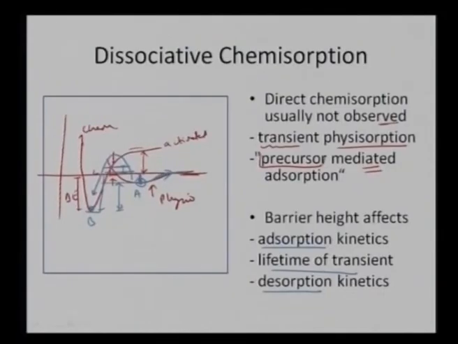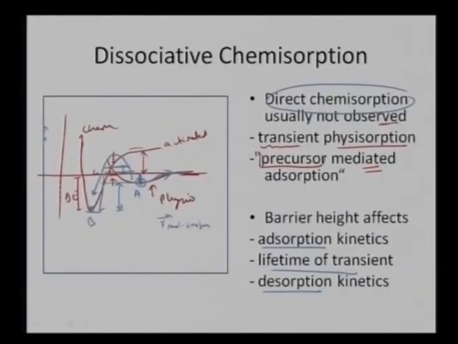So the overall transient time is very important, the desorption kinetics is also very important, and the overall lifetime of the transient is also very important for the transition from physisorption to chemisorption. So generally we see that direct chemisorption does not occur. This is the potential out here, and this is the overall distance of the molecular surface interface.